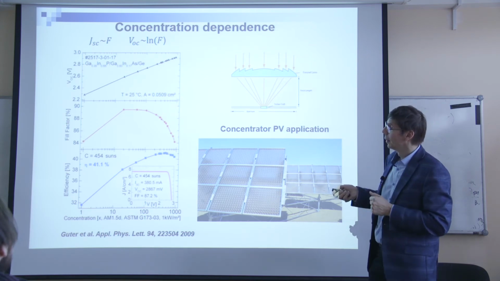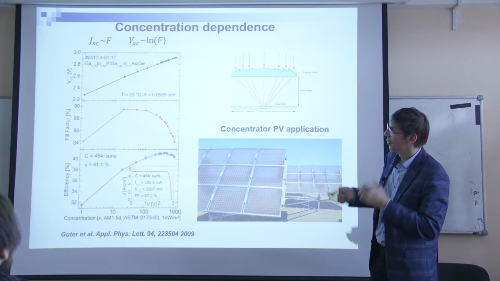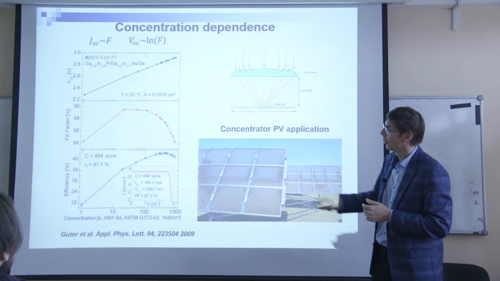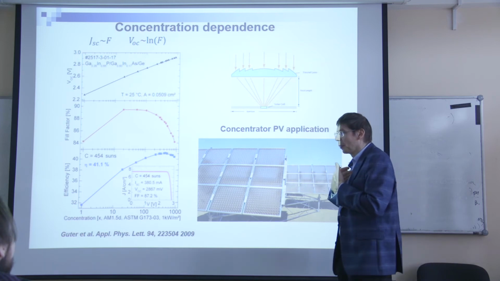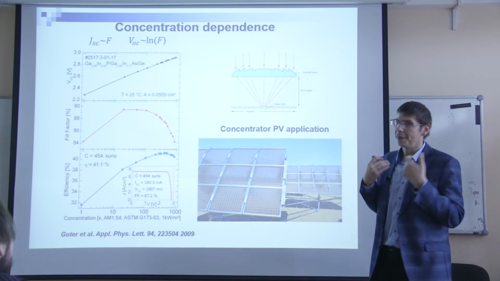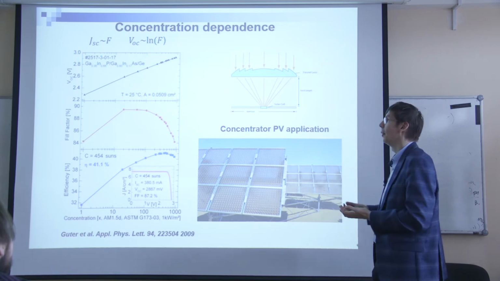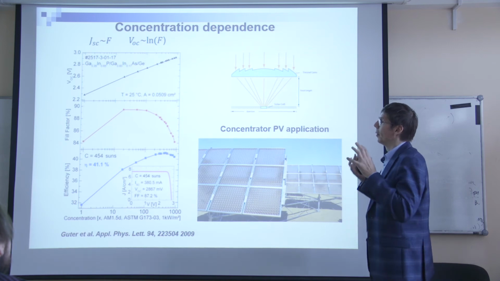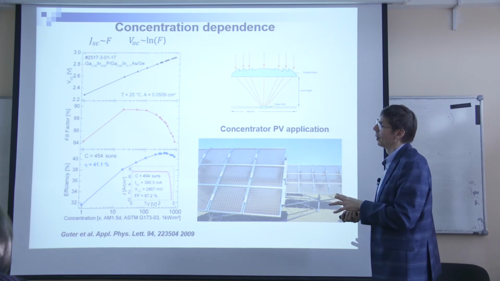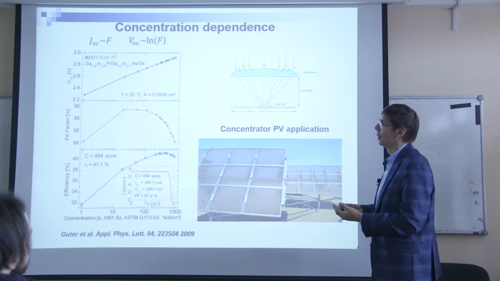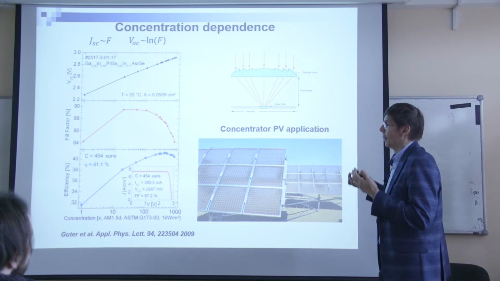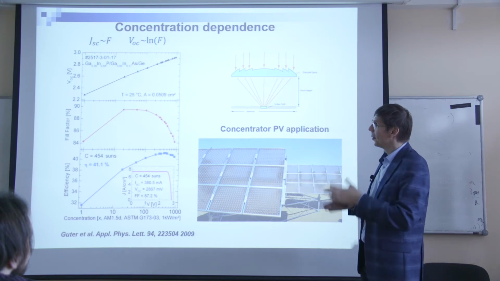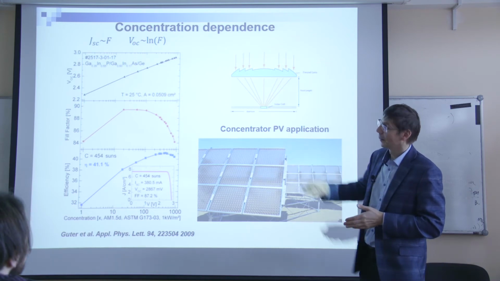Actually, you see here some parameters like VOC, fill factor, and efficiency. You can ask why there is no current, and the reason is quite simple, because for this kind of measurement it is supposed that the current depends linearly on intensity.